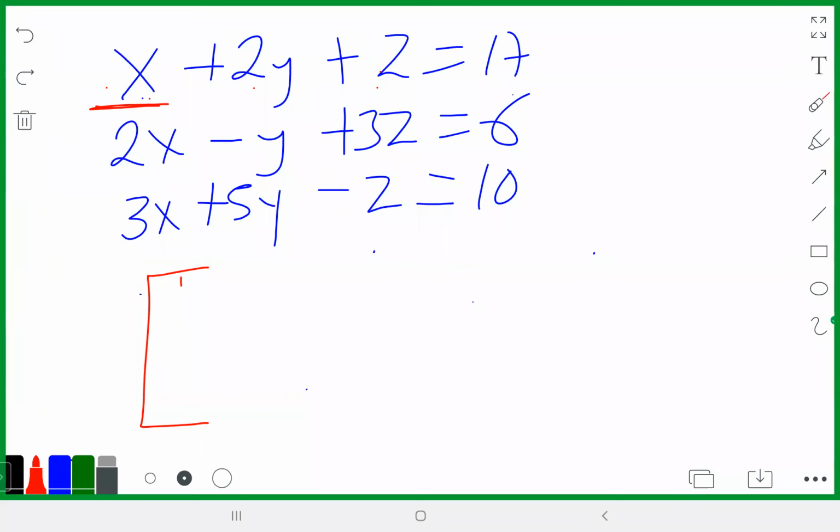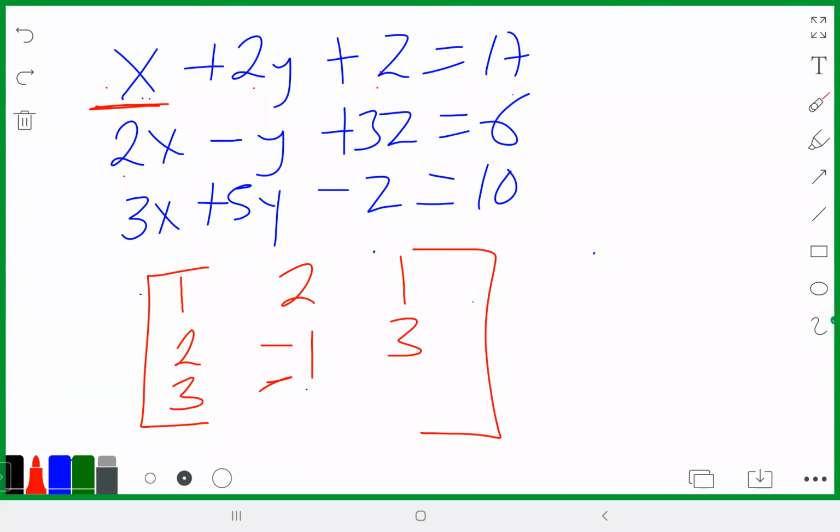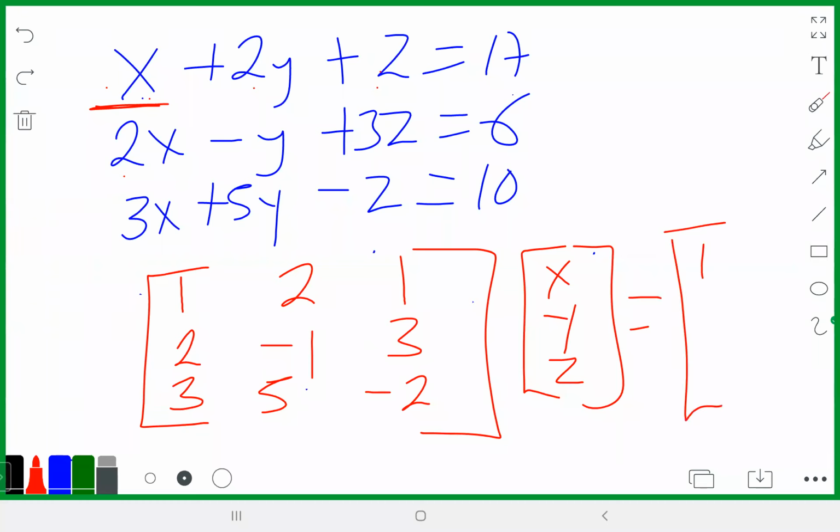It is +1, +2, +1 again. Here you have +2, -1, and 3. Here you have 3, 5, and -1. All that is multiplied by x, y, and z, and that should be equal to 17, 6, and 10. That is the first step. Is that clear?